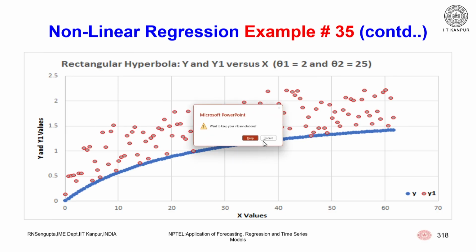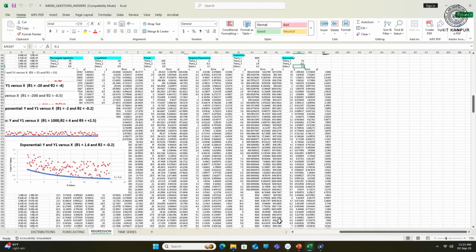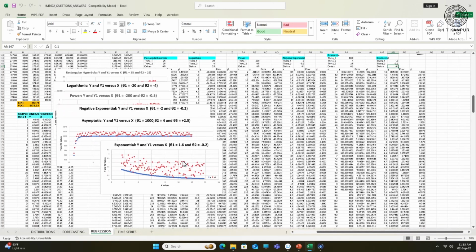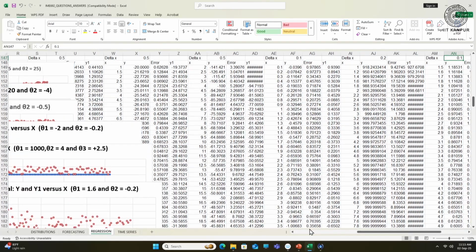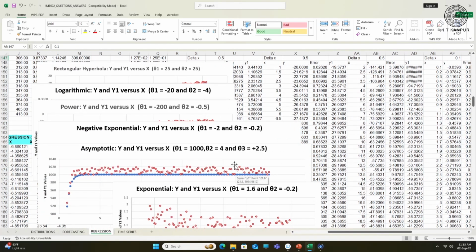So, let me go to the Excel sheet which is already open. I will now zoom in more so that it is visible. There is a lot of simulated data, so if you go through it carefully, you will understand.